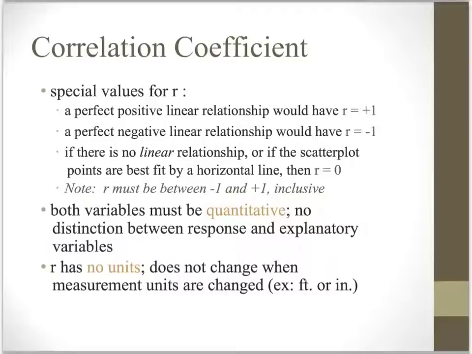If there's no linear relationship, or if the line is a horizontal line, then R is 0. In order to calculate a correlation coefficient, both variables have to be quantitative. And R has no units. It doesn't change when the measurement units are changed.